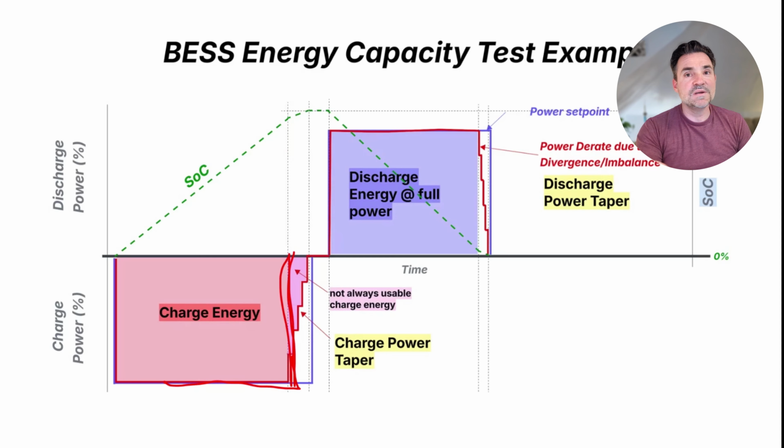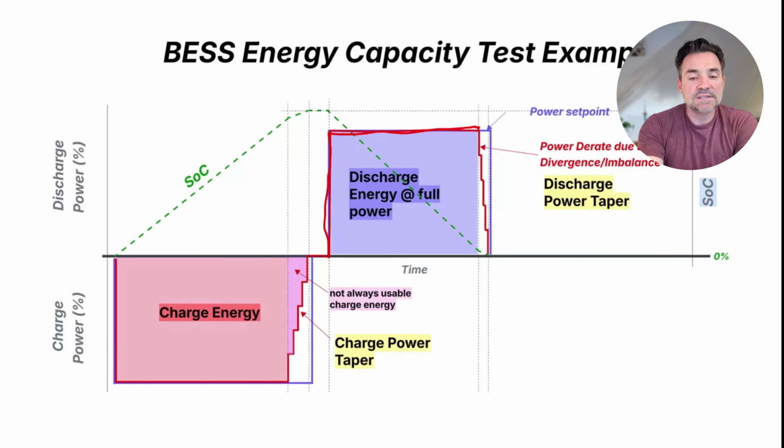So you'll have to keep in mind whether you're able, during your charge, to actually do this taper here and control your set point based on the available power and fully charge. You're likely going to be always able to extract a bit more energy because you've charged a bit more. And on the discharge, you would count all the energy until you've started to derate your power as the full power discharge capacity.